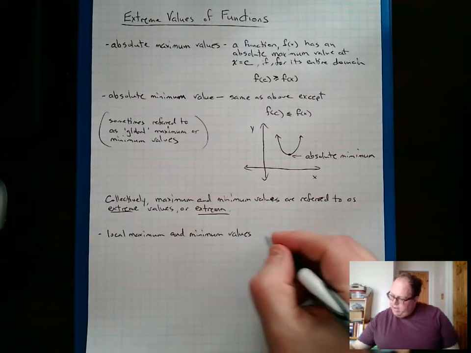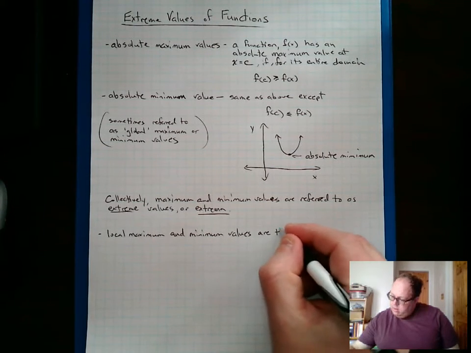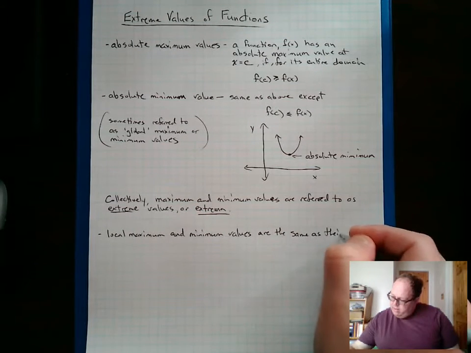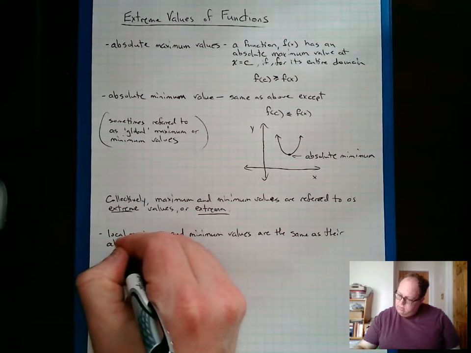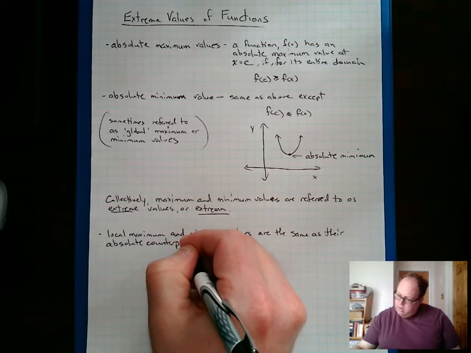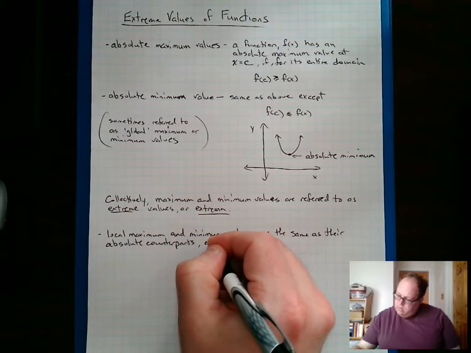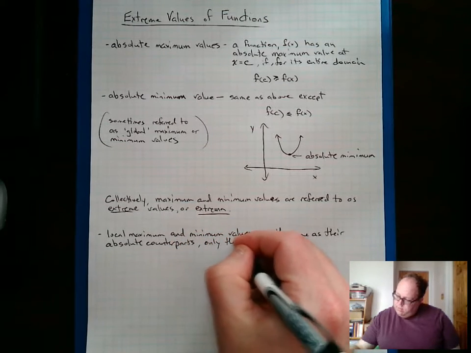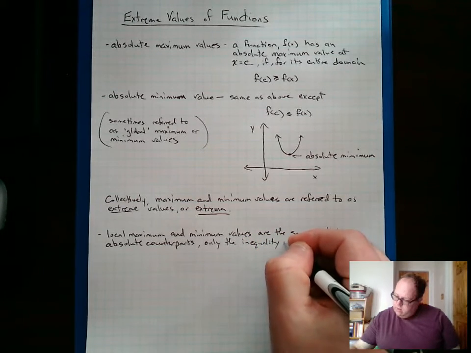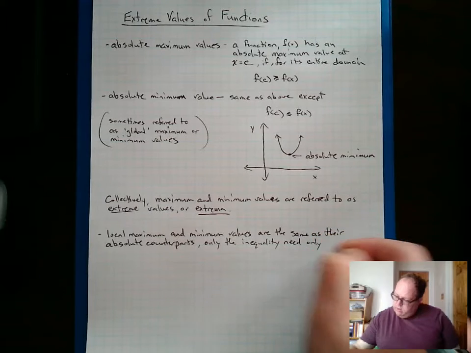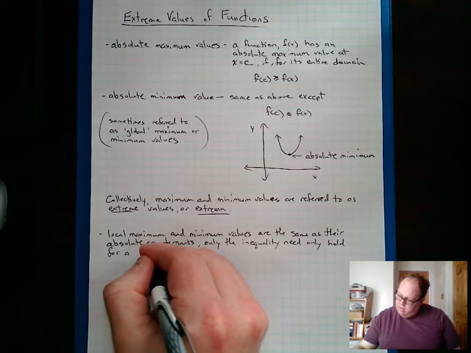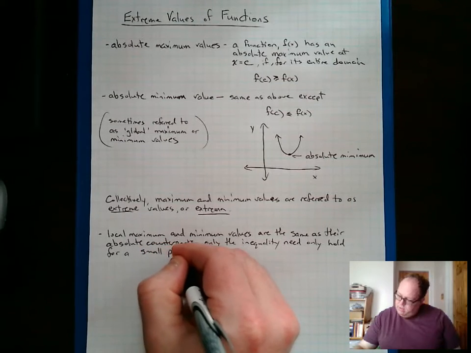Local maximum and minimum values are the same as their absolute counterparts, only the inequality holds for a small portion of the domain.